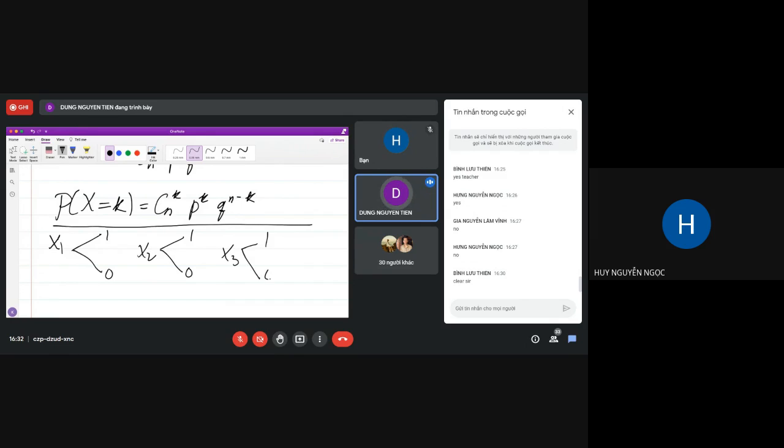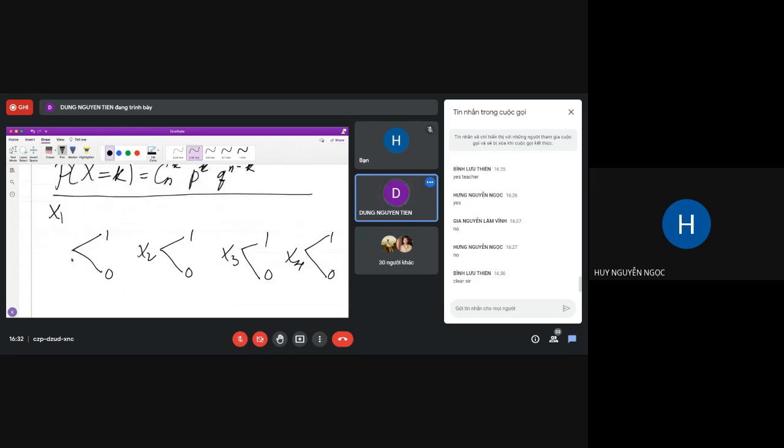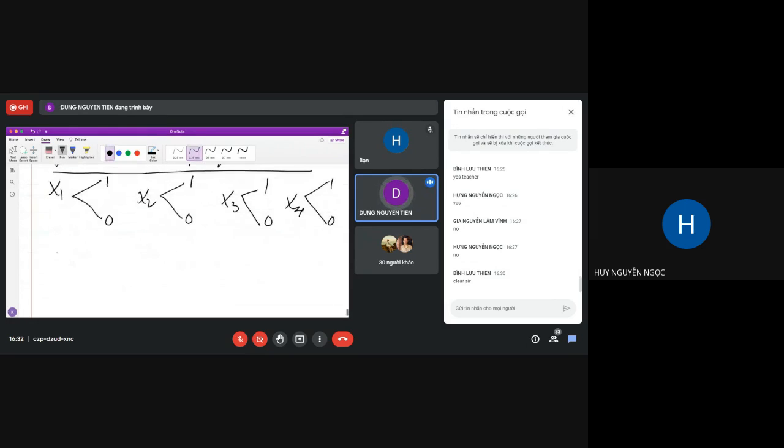X3 is 1 if you win the third game and 0 if you lose it. X4 is 1 if you win the fourth game and 0 if you lose it. Understand? Then I denote by X the sum X1, X2, up to Xn.